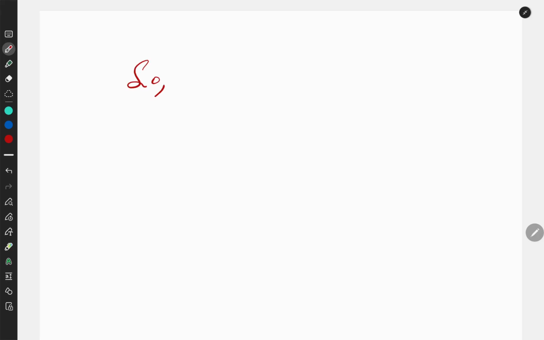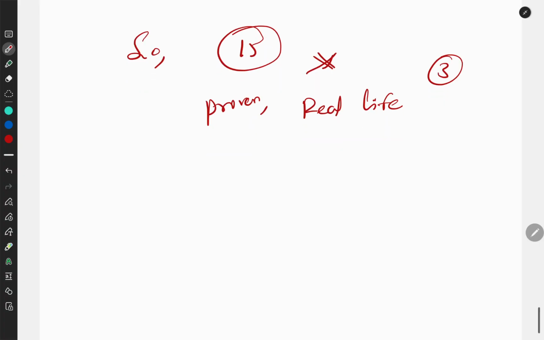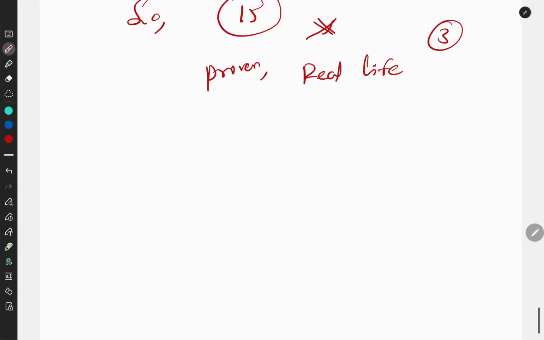So students, these 15 points are not just random tips, okay? They are proven, real life techniques, because these papers are written in a time bound manner, 3 hours. So we are using the topper copy we are seeing today. This is the real time exam copy, right?